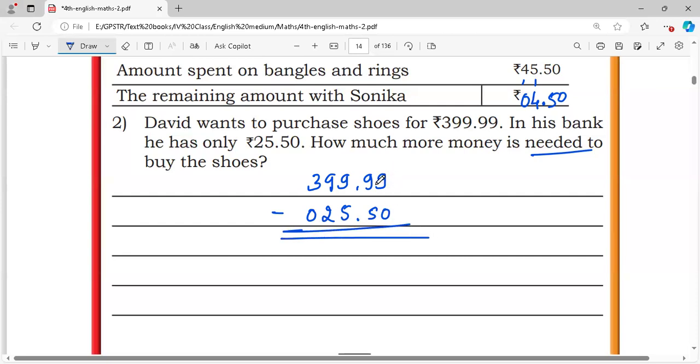Calculate the needed amount. 9 minus 0, 9. 9 minus 5, 4. 9 minus 5, 4. 9 minus 2, 7. 3 minus 0, 3. Needed money, 374 rupees 49 paise.